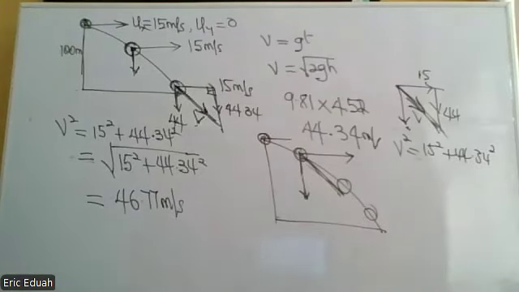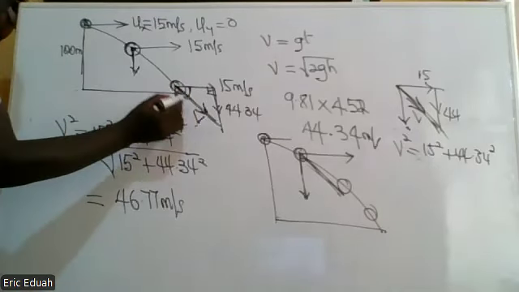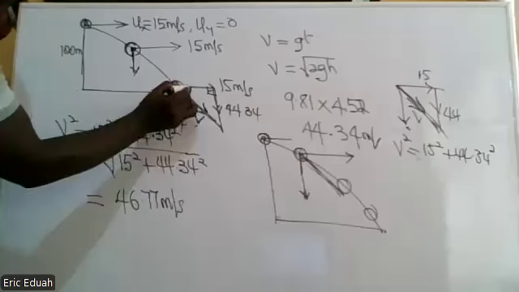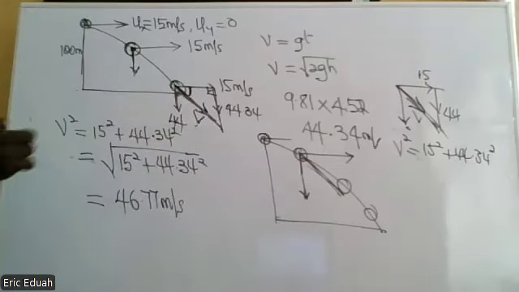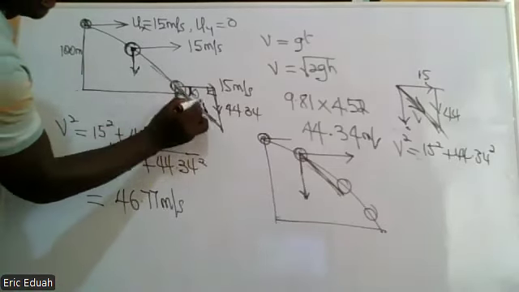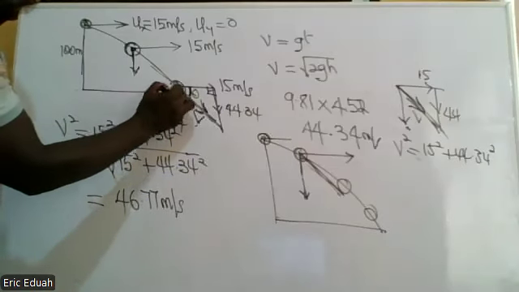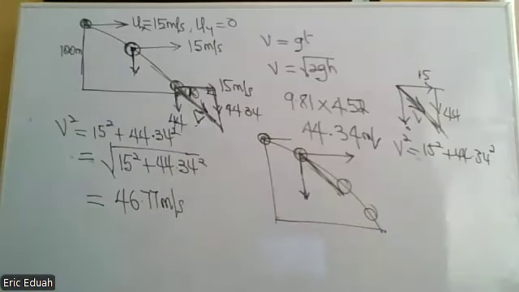Sometimes you can also be asked to find this angle, the angle the resultant vector makes with the horizontal. This is the line of the resultant vector. At what angle does it make with the horizontal? You can get that using either cosine, sine or tangent.